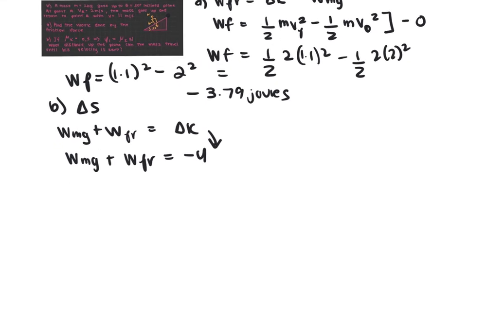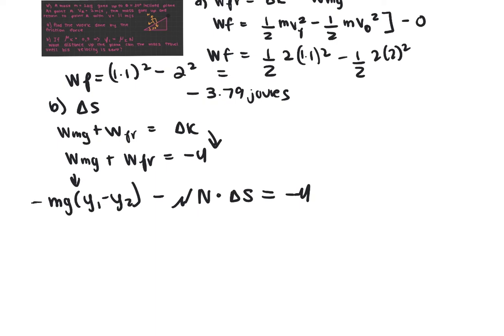So moving forward, what we have to do is break this down, and this is the mass times gravity, y1 minus y2 minus the normal force times the displacement of S equals negative 4. That's currently our problem.